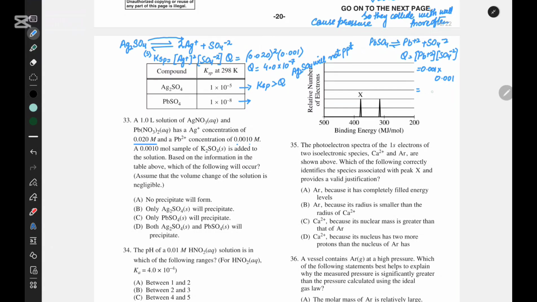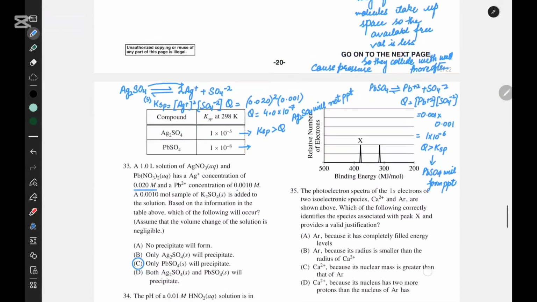So that comes out to be 1 times 10 to the power minus 6, and Q is greater than Ksp here. So for PbSO4, as Q is greater than Ksp, lead sulfate will form a precipitate. I am writing that down. So option C is going to be the right one.